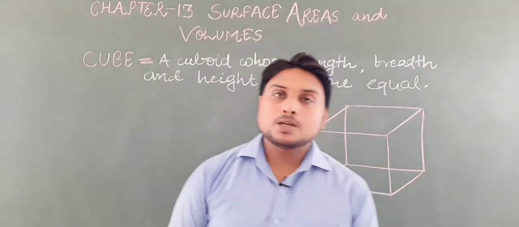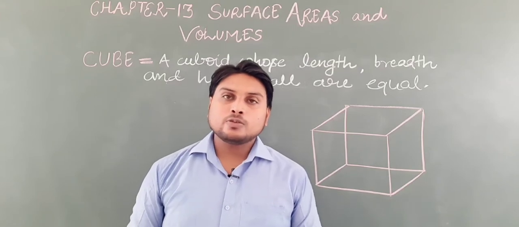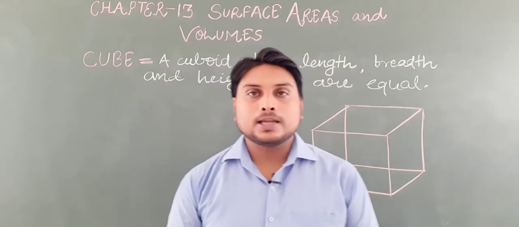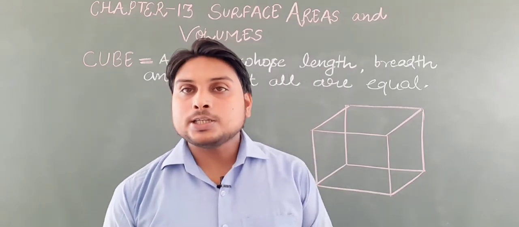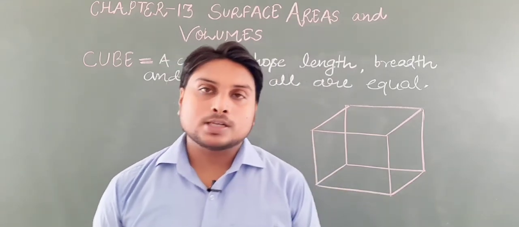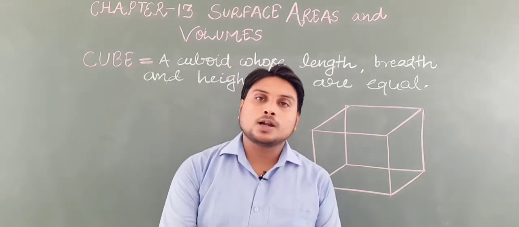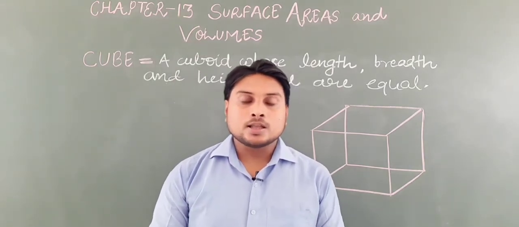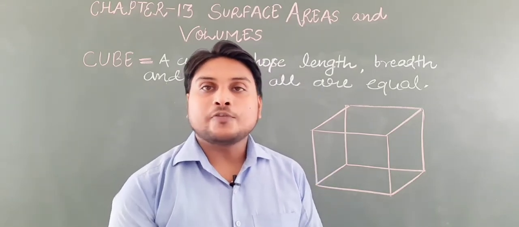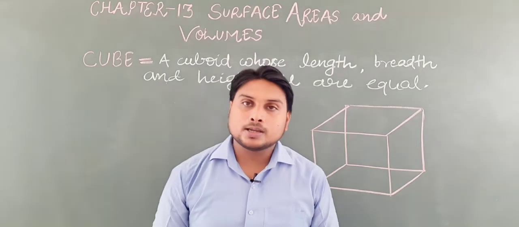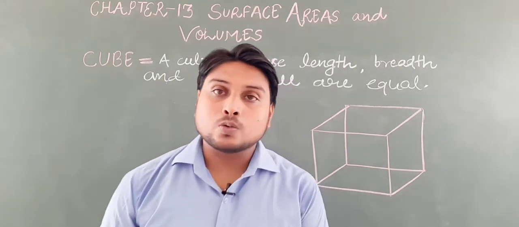Now students, coming to the next topic, and that is cube. If you have understood properly about cuboid, then easily you can understand what is cube. The only difference between cuboid and cube is that the faces of cuboid were in the form of rectangle, but here the faces of cube are in the form of square.